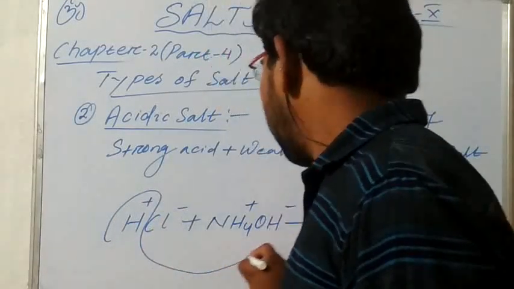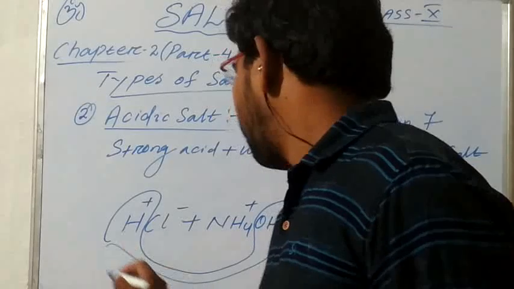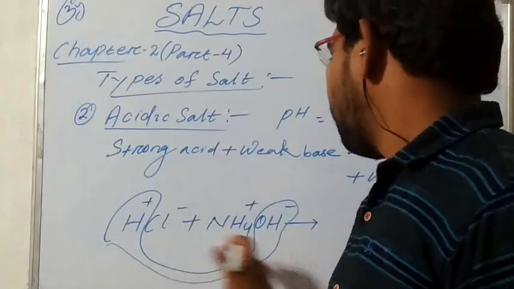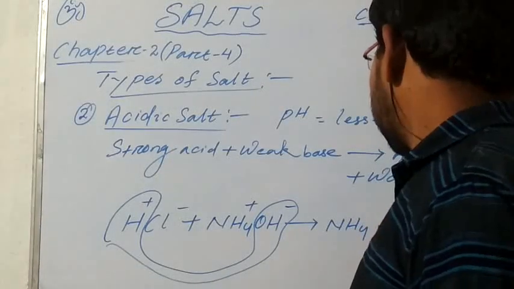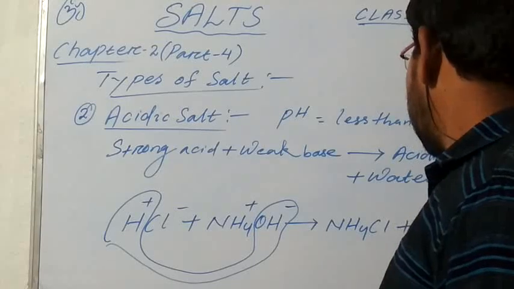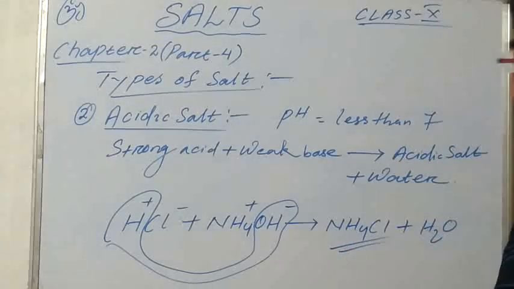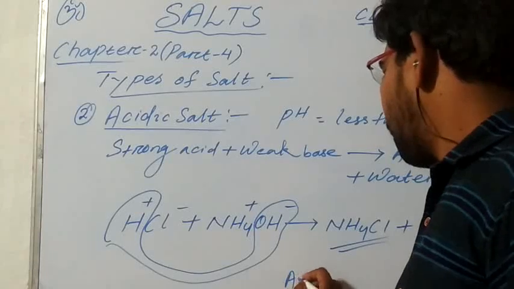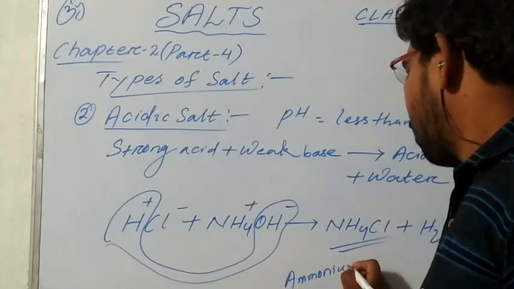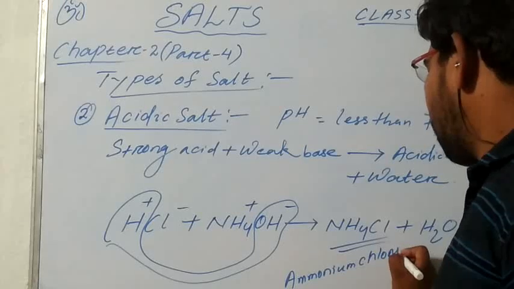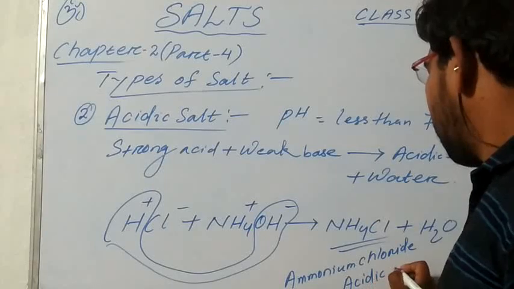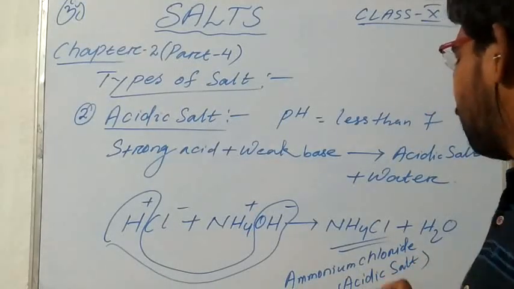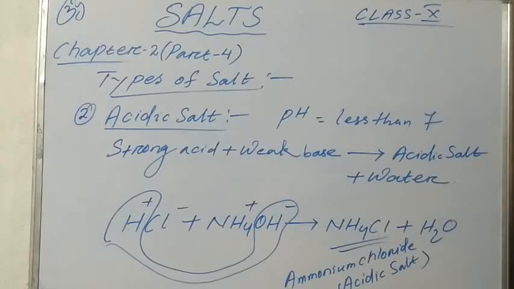H plus and OH minus combine to form water, H2O, and ammonium and chloride combine to form NH4Cl, ammonium chloride. Ammonium chloride is an acidic salt. This is one example of acidic salt.